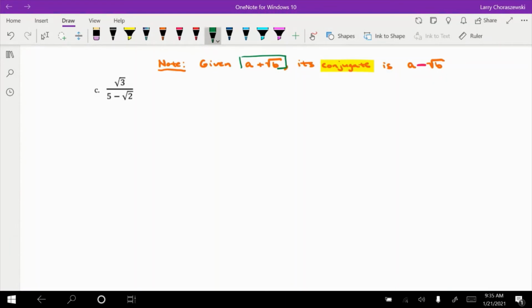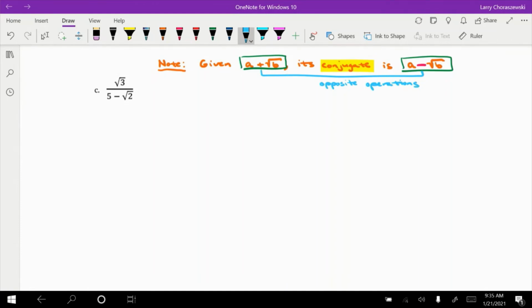So the two very similar looking expressions. Major difference between them is just what's separating the two terms. The operations between A and the square root of B are opposites.